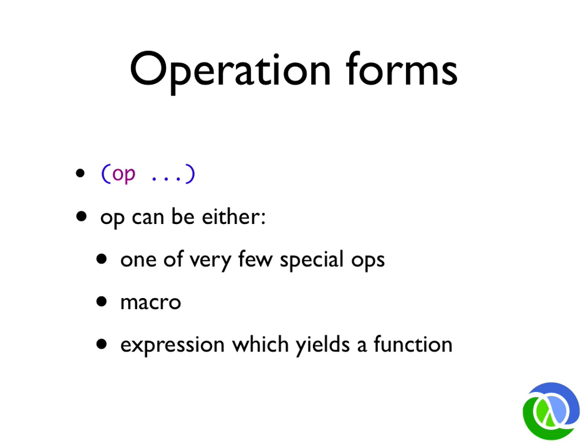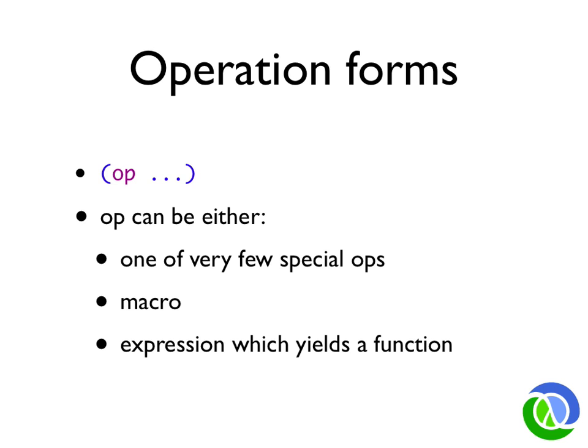Before you step away, that last bullet point, an expression which yields a function as opposed to it's the function. Well, what it's going to encounter is a list, and the first thing is going to be the symbol Fred. Fred is not a special operator. Let's say no one has registered a macro called Fred.